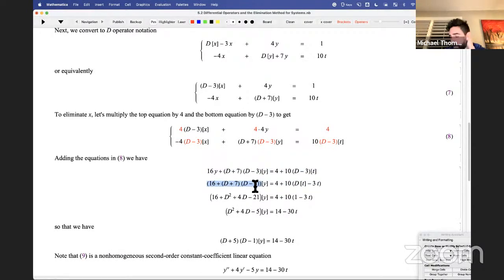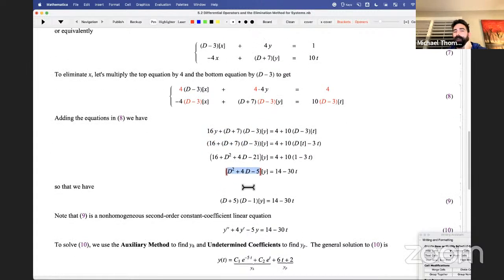You could just work with these operators like polynomials in D. Just FOIL this out, rewrite it like so, make it look a little nicer. And then what you can actually do is factor that into this composition of operators: D plus 5, D minus 1.